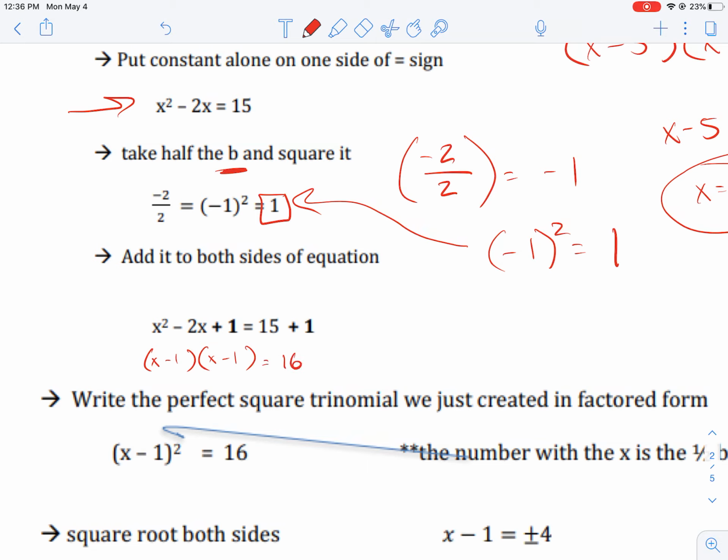The purpose behind completing the square is we want to have the same binomial being multiplied by itself twice. That is the whole purpose of this. If we don't get something like this as a set of factors, then we had to have done something wrong. Well, x minus 1 times x minus 1 is really just x minus 1 squared.